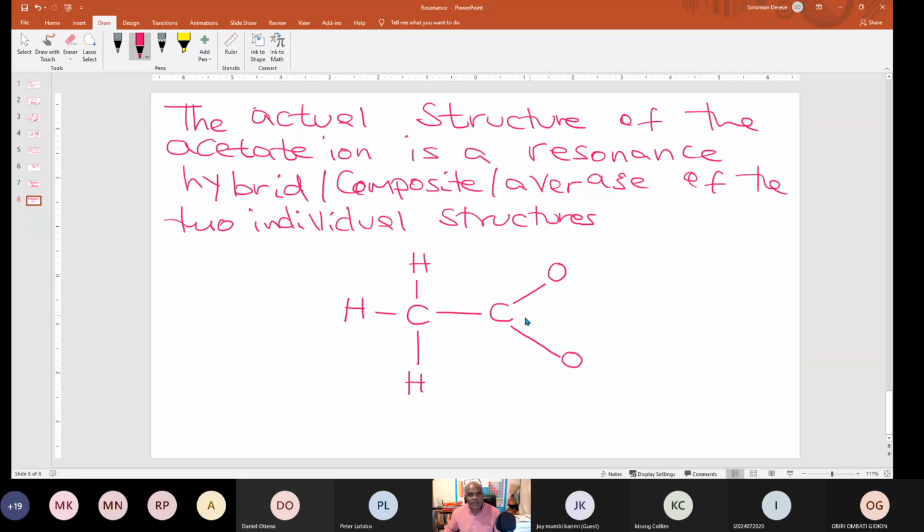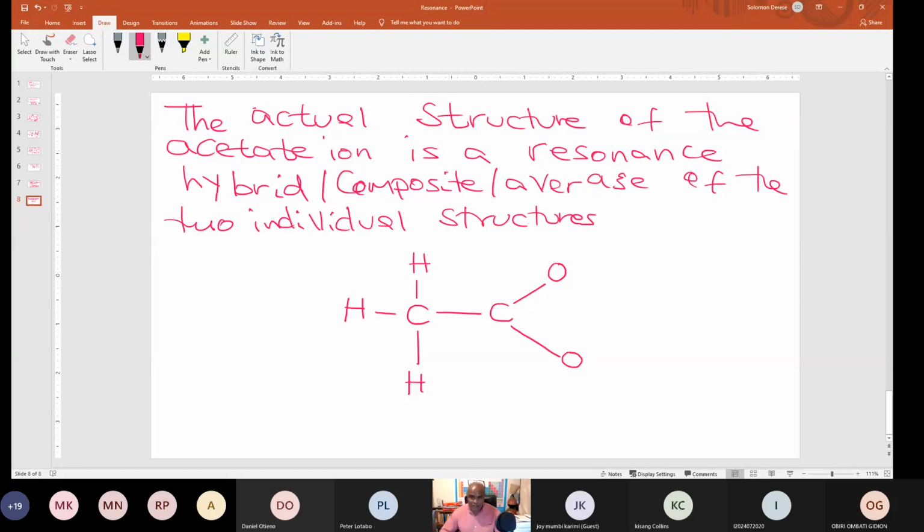In the other case, we have a carbon-oxygen single bond here, and a carbon-oxygen double bond on the other oxygen. So each of these carbon-oxygen bonds can be a double bond. Of course, you cannot have a double bond here and a double bond here. That's not possible, because that carbon will have 10 electrons, more than the number of electrons we had in this molecule in the first place.